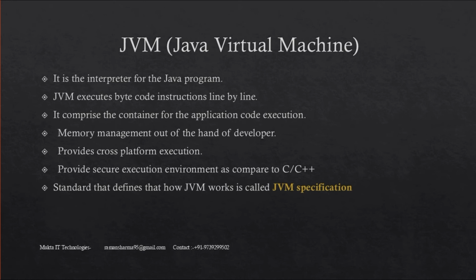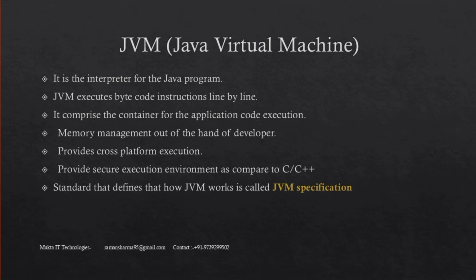The steps to execute the program are: number one, you create the application. Number two, you compile it and create a class file. Number three, the JVM comes into the picture when you write the java command. The java command takes that class file, which has the bytecode, and executes it line by line.